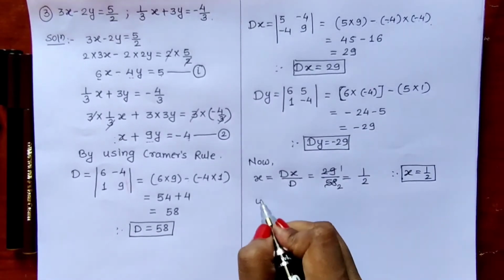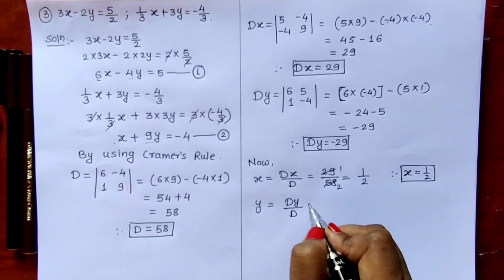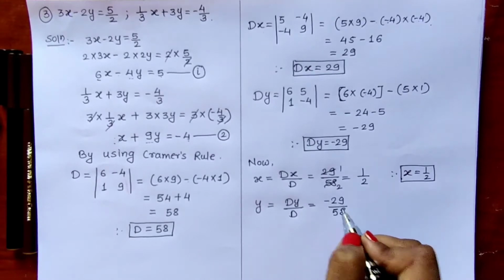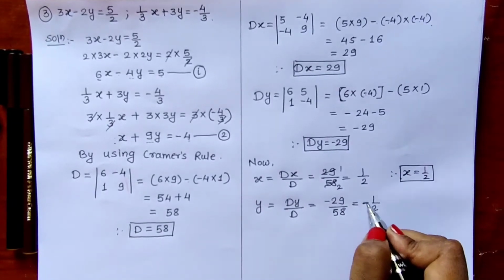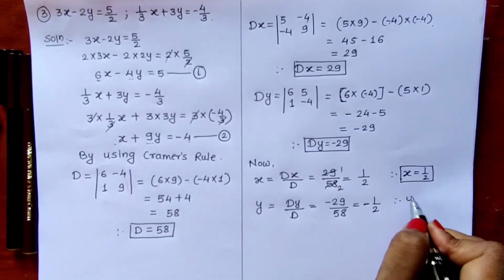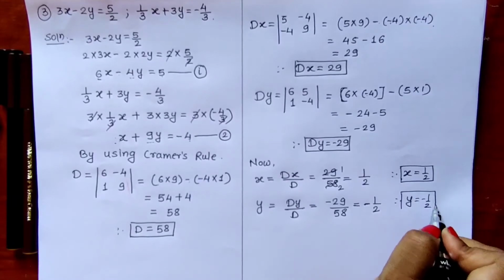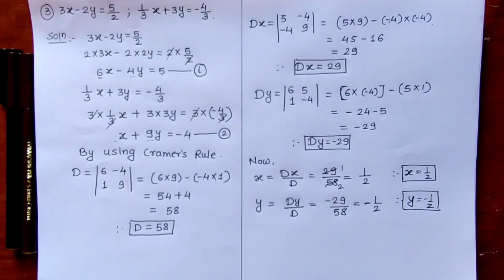Now what is y? y will be equal to Dy upon D. Dy is minus 29. D is 58. Again 29 1s are 29, 29 2s are 58. But minus sign is there. So it will be minus 1 upon 2. Hence the solution is 1 upon 2, minus 1 upon 2.